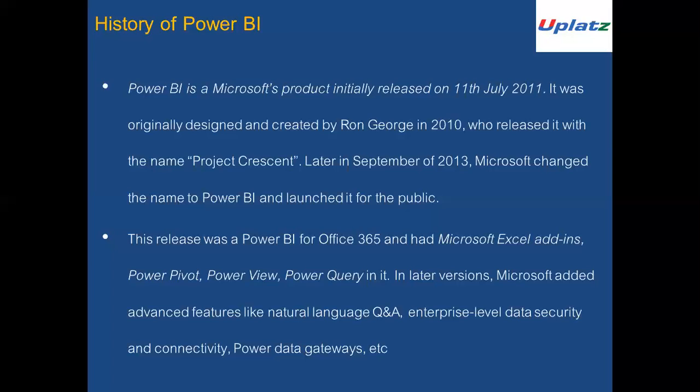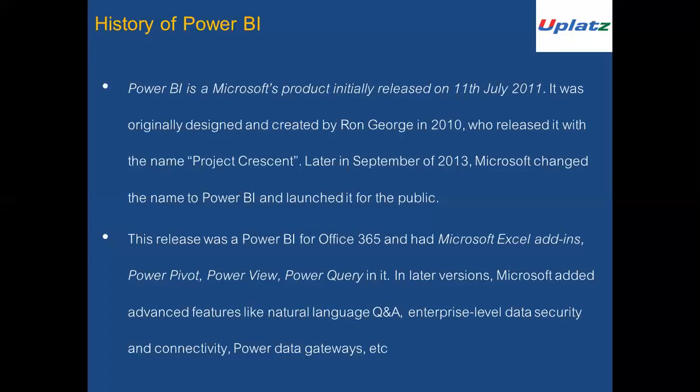First, it was released under the name Project Crescent, and later, in September of 2013, the company, that is Microsoft, changed its name from Project Crescent to Power BI and launched it for the public. This release was Power BI for Office 365, and it had the Microsoft Excel add-ins.